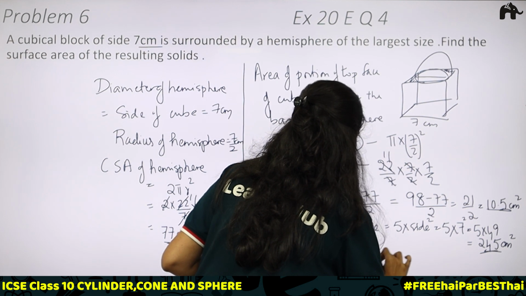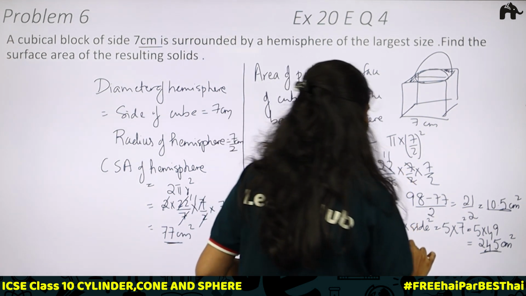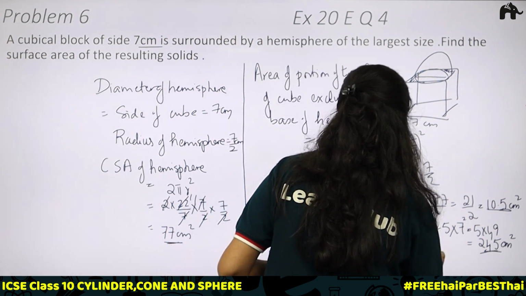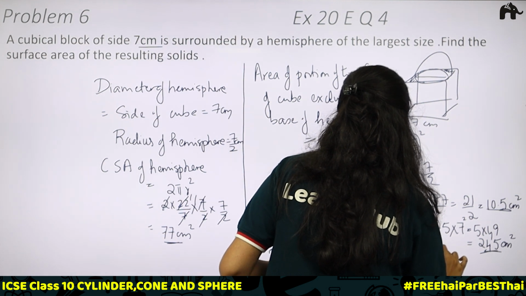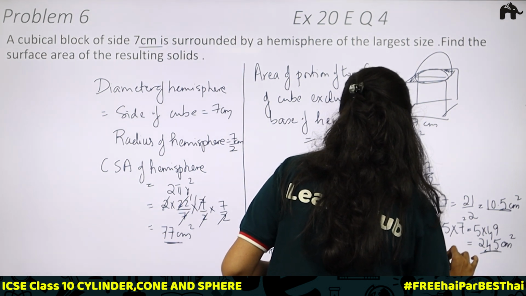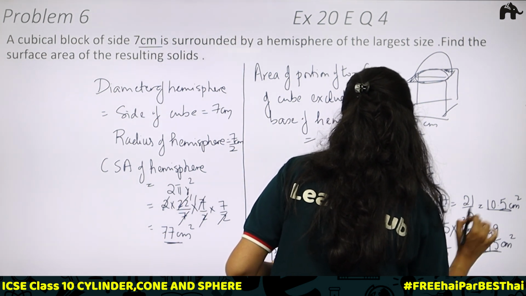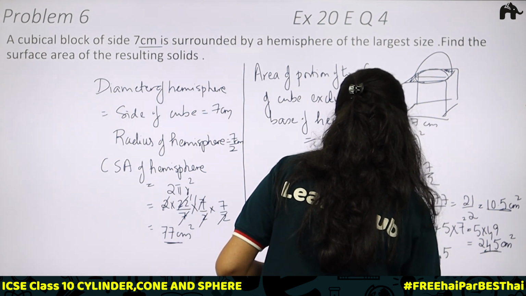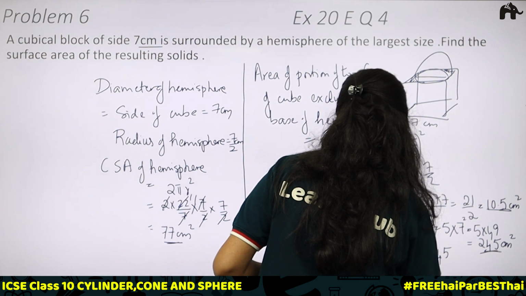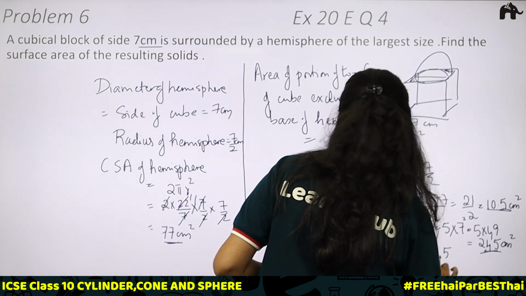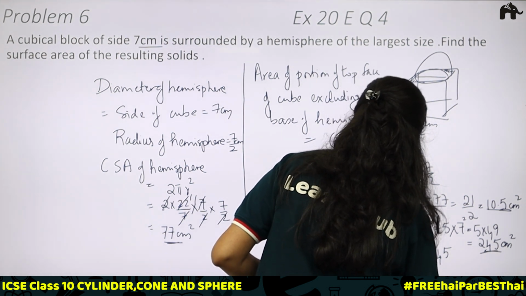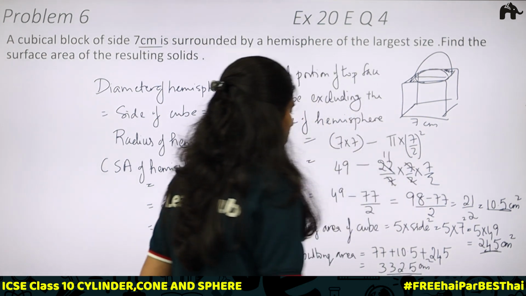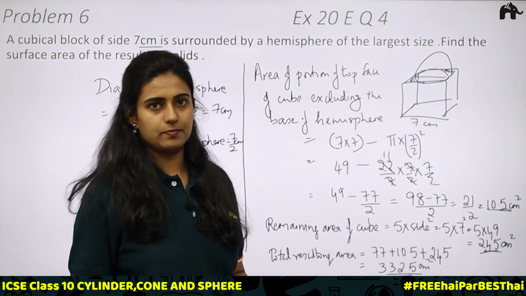Here we have 77 centimeter square plus 10.5 plus 245. That is equal to 332.5 centimeter square. On adding this, you will be getting 332.5 centimeter square.